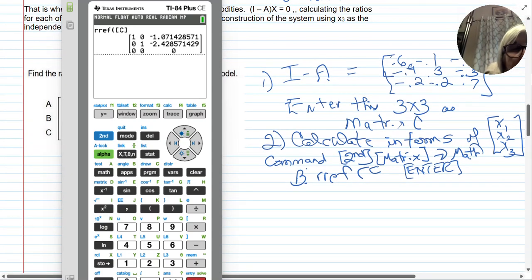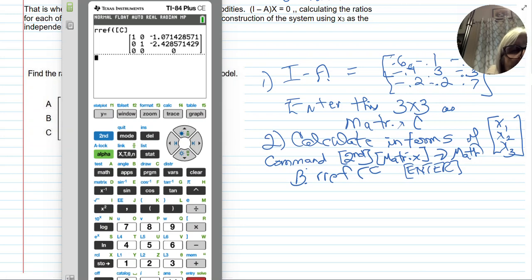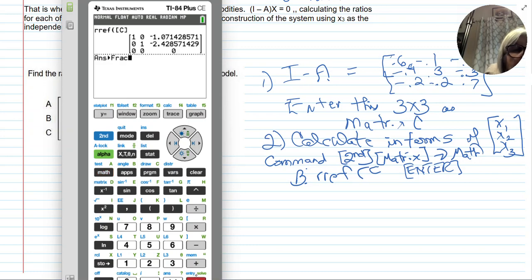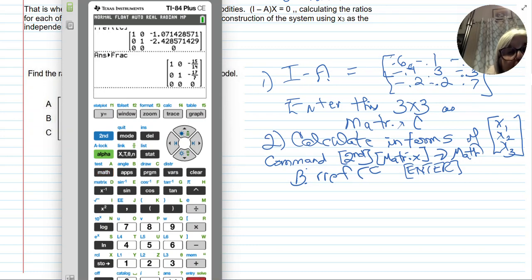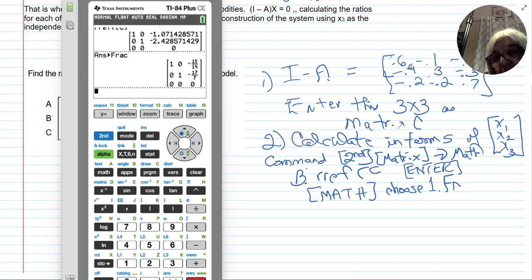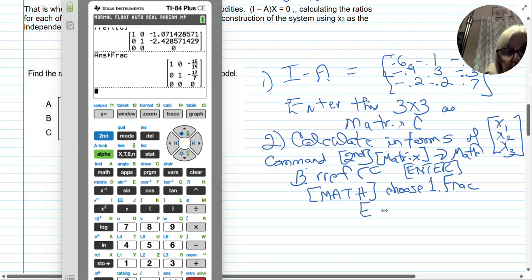Notice that it has, and we only want to do math, frac, that's enter, enter. So we have math frac, and enter. And now we have it as ratios.